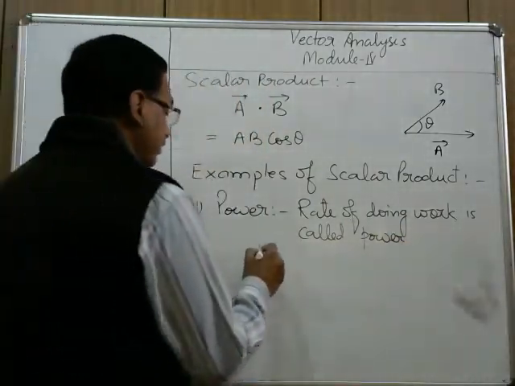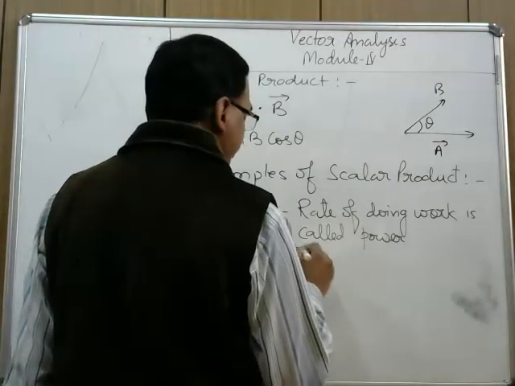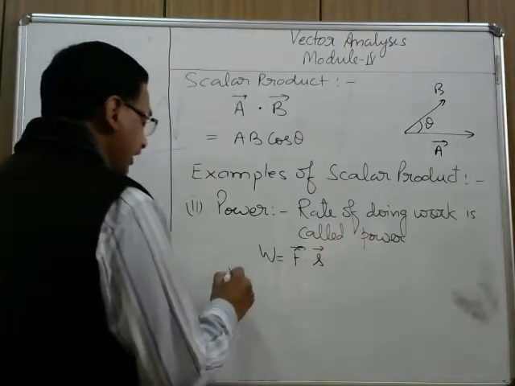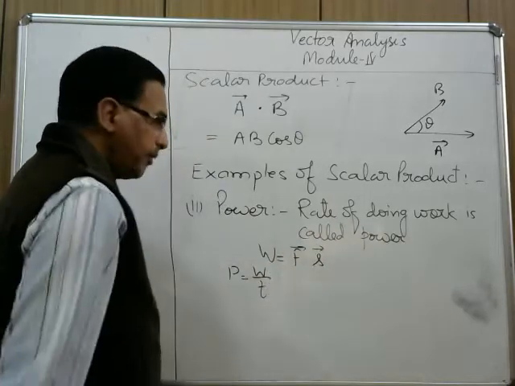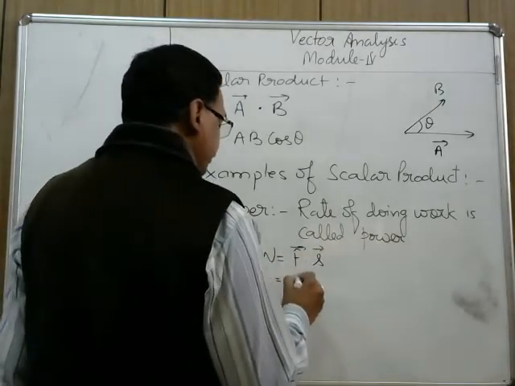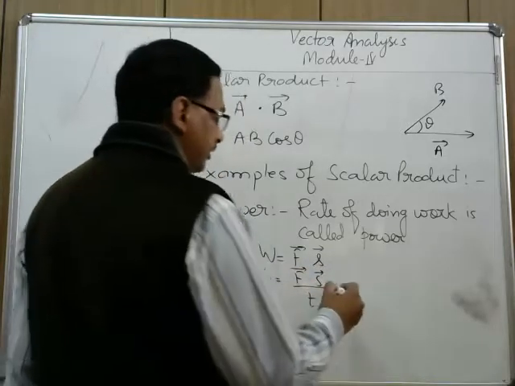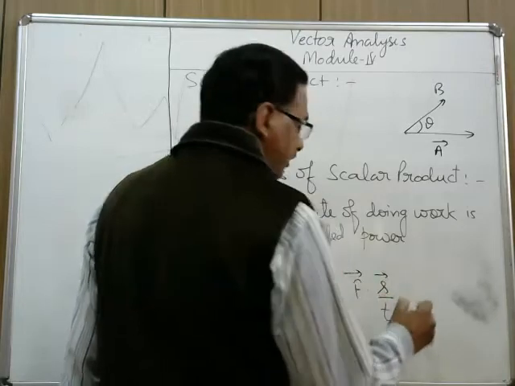Now, work done is defined as the scalar product of force and displacement. Now, power, as we have written, is the rate of doing work, meaning W upon t. This will be F dot s upon t.